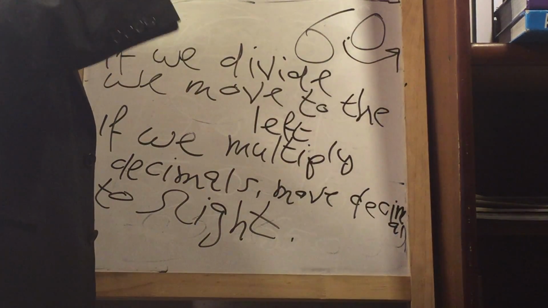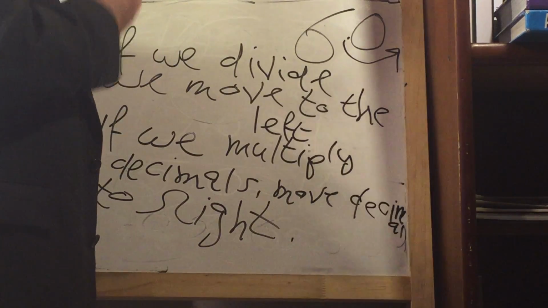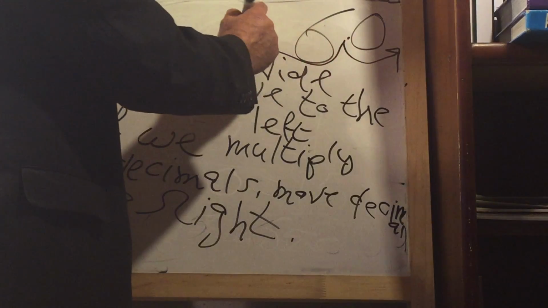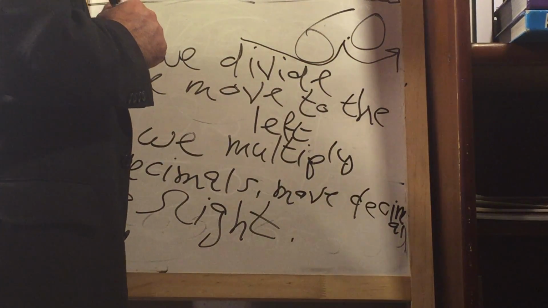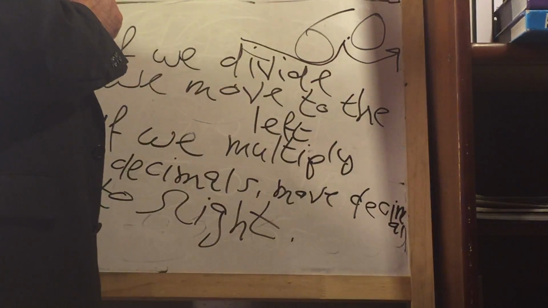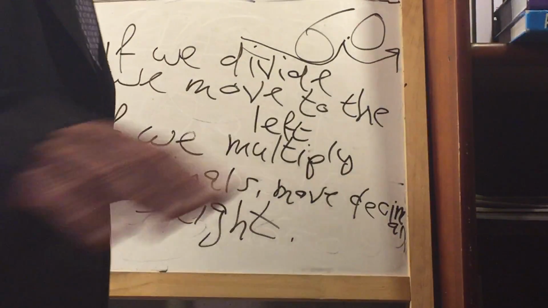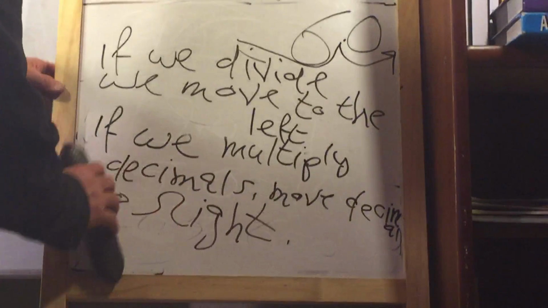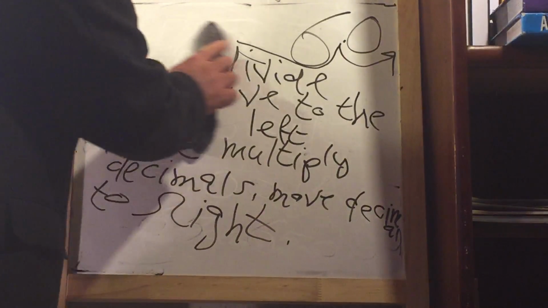It depends how many numbers we have, how many locations when we multiply, and we move it to the left by how many locations we have in the division. All right, good. Now write it down, please. It should be in your book anyway.